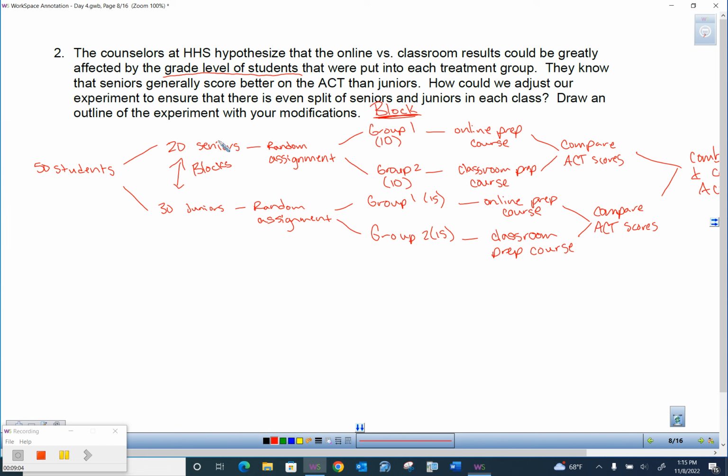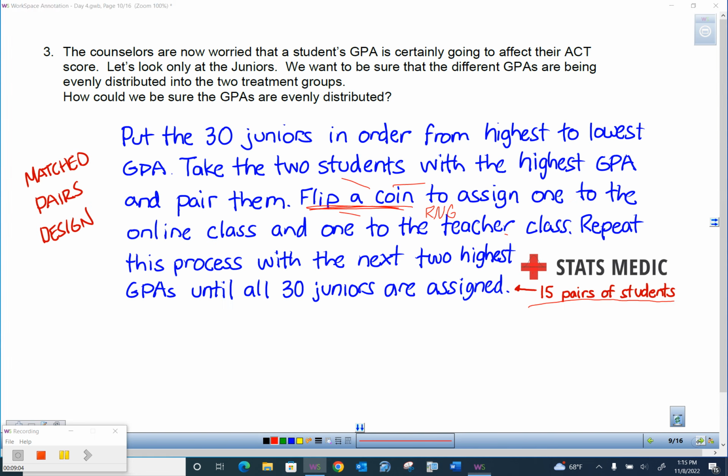Before I decided to block it this way, if I was just randomly assigning the 50 students to the two different groups, by random choice, we hope that there would be a decent balance of juniors and seniors in each group. It's not guaranteed, and that's where the blocking helps, but with the random number generator, we do kind of control for that.